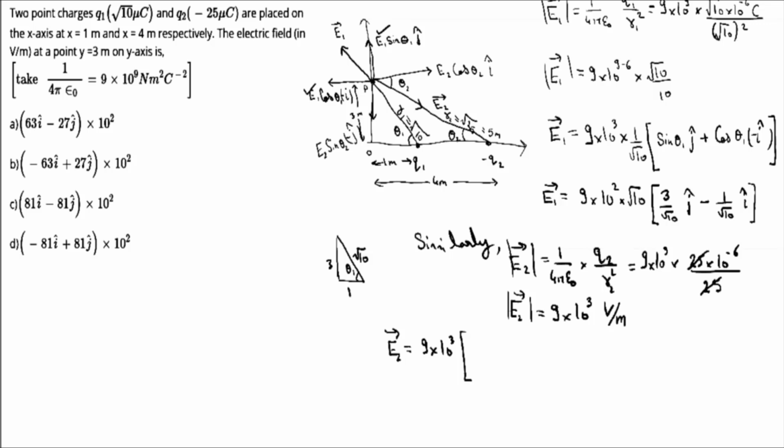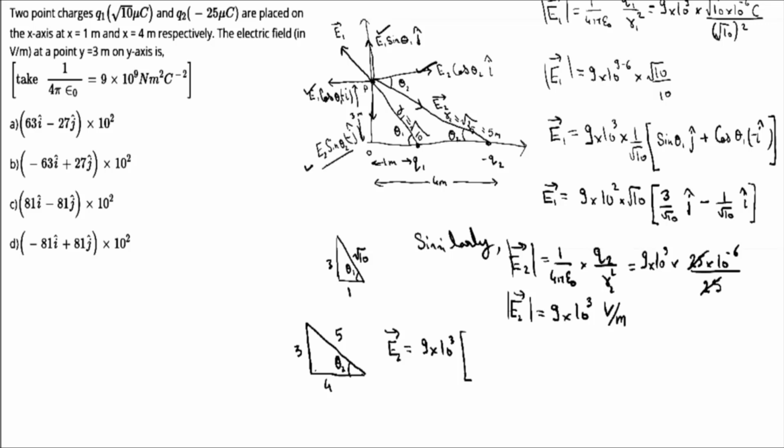Now we are taking another triangle, and this triangle has angle theta 2. The given values are 3 meter, 4 meter, and this is 5. So the term will be cos theta 2 I cap, and this is minus j cap.